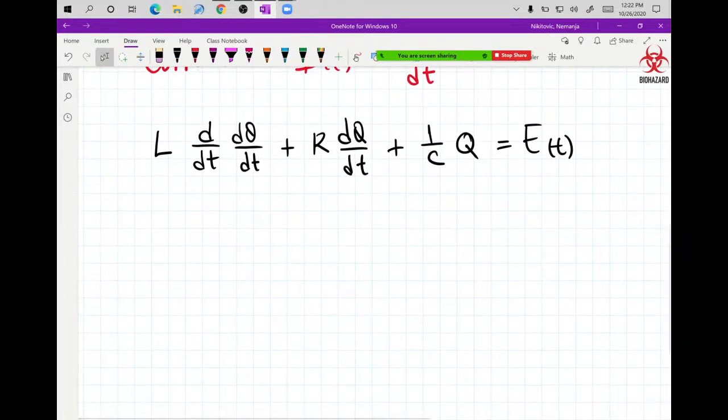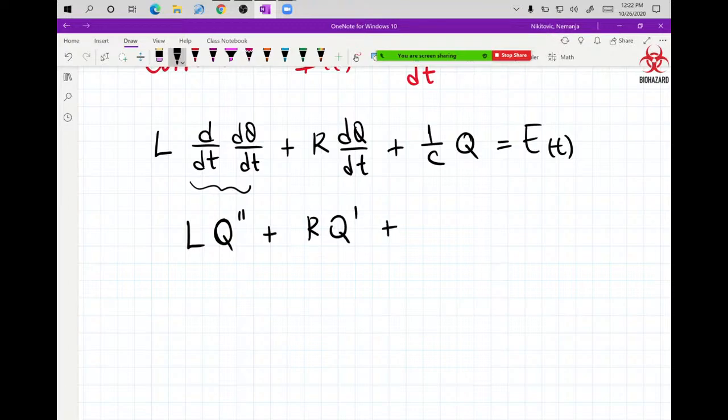Now we recognize this as a second derivative. So to write this simply, it's L q'' plus R q' plus 1 over C q equals E(t).